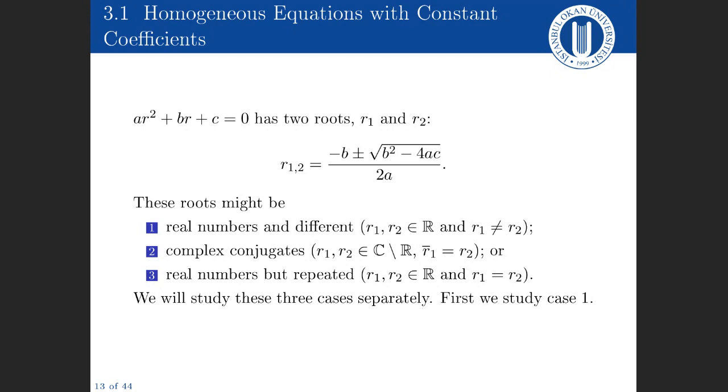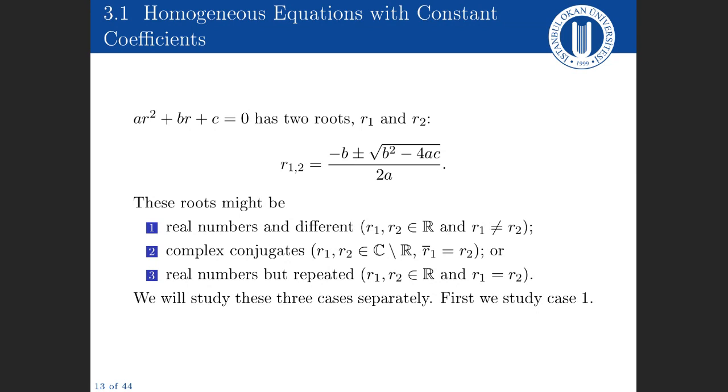Either these 2 roots are real numbers, but different real numbers, or they might be complex conjugates, or they might be real numbers but repeated, the same real number twice. We're going to need to study these three cases separately.